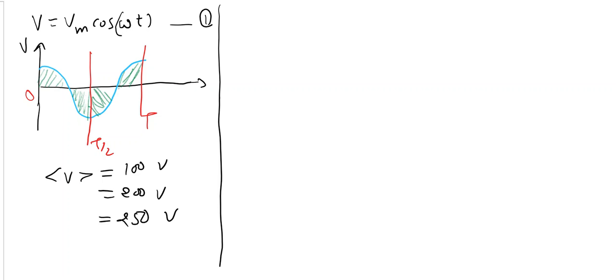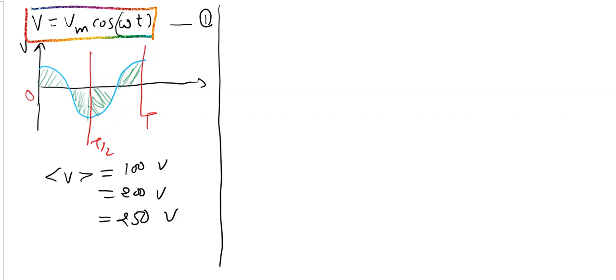So to solve this problem mathematically, first square of this value is taken. Once you take square, you will not have any negative values, all values will be positive. Then you can take average of the squared values and then you can take square root. And the value obtained in this way is called RMS value.